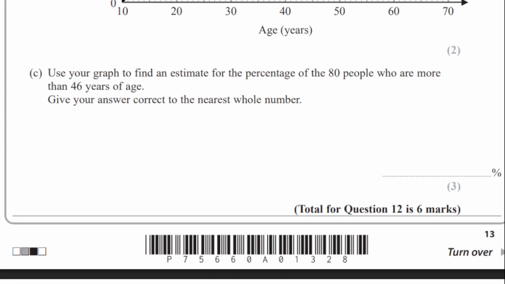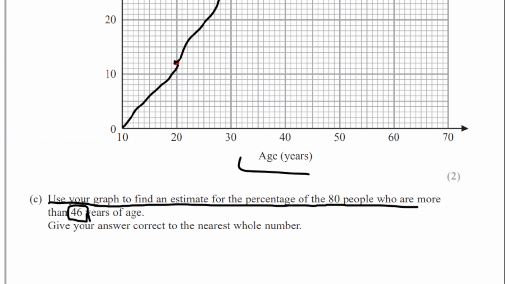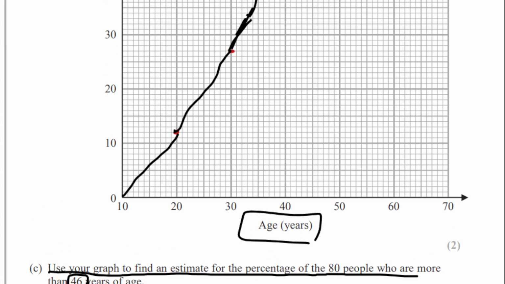Now let's look at the next question. This is 2 marks. Now the last question says, use the graph to find an estimate for the percentage of the 80 people who are more than 46 years of age. Oh, it's 46, sorry. Let's look at where is 46. Now this is 40 and that's 50. In the middle there is 45, so 46 is the line next to it.